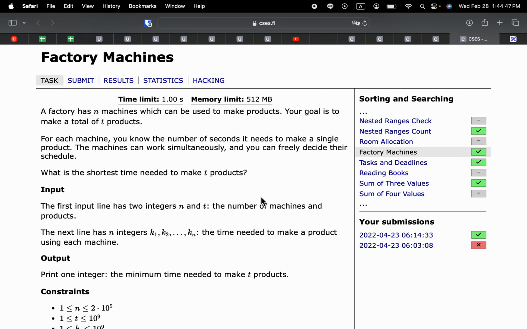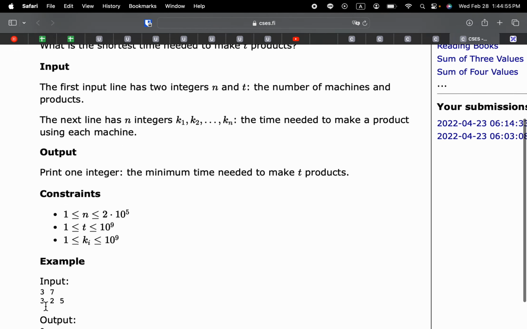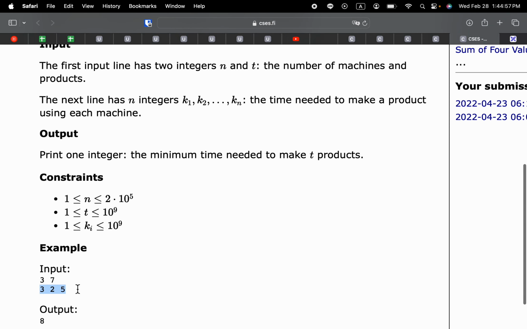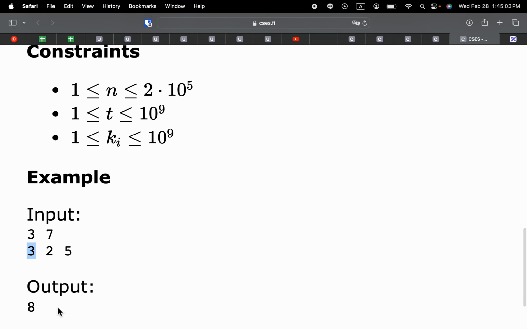Okay, so basically there are these machines and then they can all work at the same time. And then you will have an array. For example, here 3, 2, 5. That means there are 3 machines. For the first machine, it can make 1 product every 3 seconds, and the second machine can make 1 product every 2 seconds, and then the third machine can make 1 product every 5 seconds.